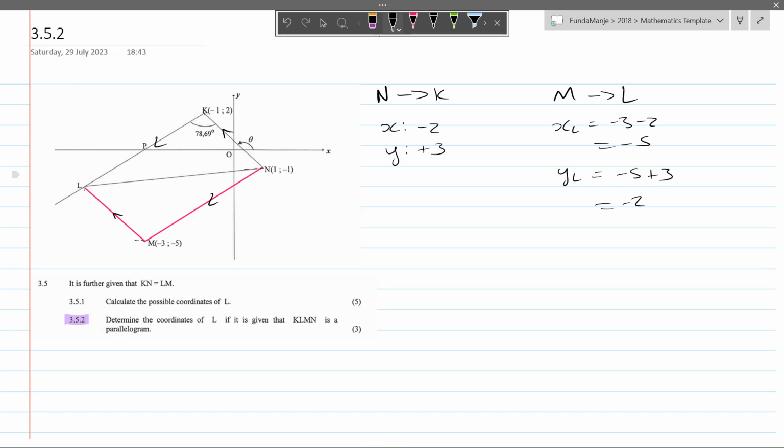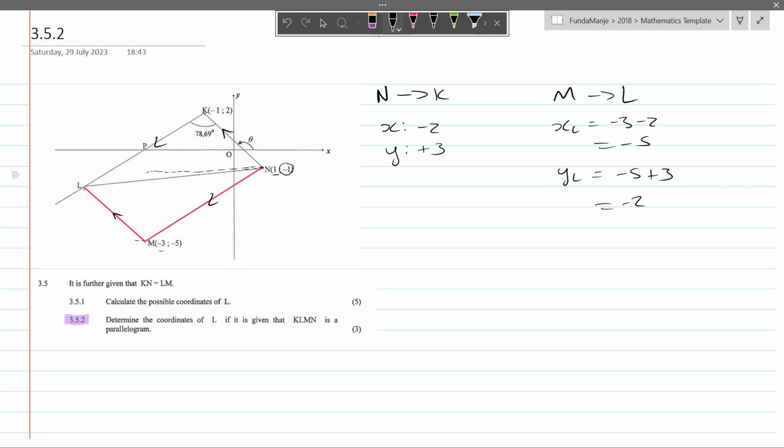Cool. So now let's see how we go from N to M, and let's try to do the same thing for K to L. So from N, let's start with the X. How do we get from 1 to -3? That is by subtracting 4. And then how do we get from -1 to -5?